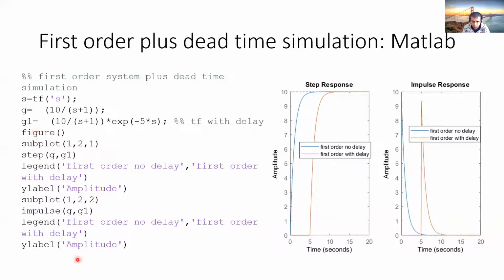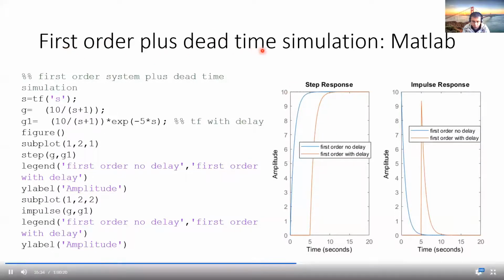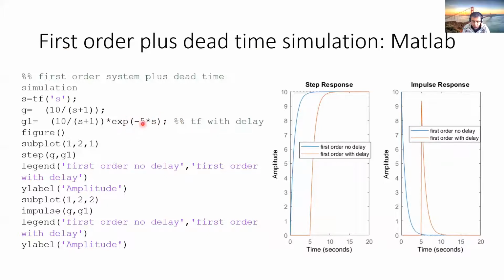Here we have some plotting operations. In this case, I'm using the subplot command in order to generate this response. Here, the first order system is also called first order plus time delay, because here we have this delay. Every time we have the delay, we can call it a first order plus time delay system. Here we have the step response of both systems, as we saw before.